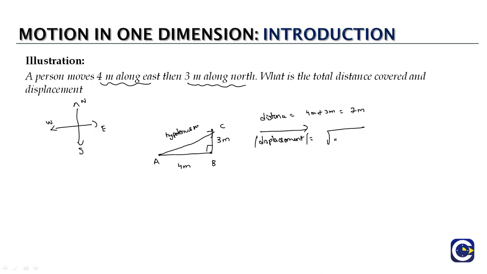It will be root of base square plus height square, which will be root 16 plus 9, root 25, which will be equal to simply 5 units. Here the system is meters, so it will be 5 meters. So the magnitude of the displacement is 5 meters, and the direction will be from A to C, because the direction of the displacement will be from initial point to the final point.